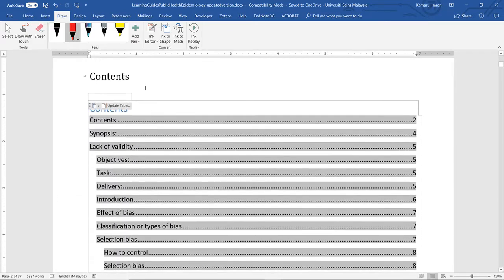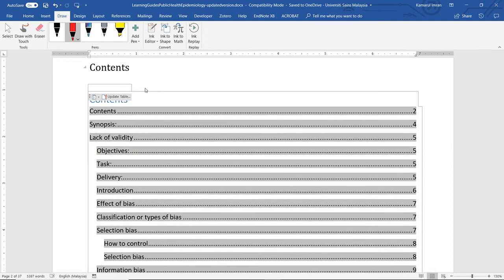For the lack of validity, we look at the objectives of the lecture, perhaps the task for you as students, and how the lecture will be delivered.